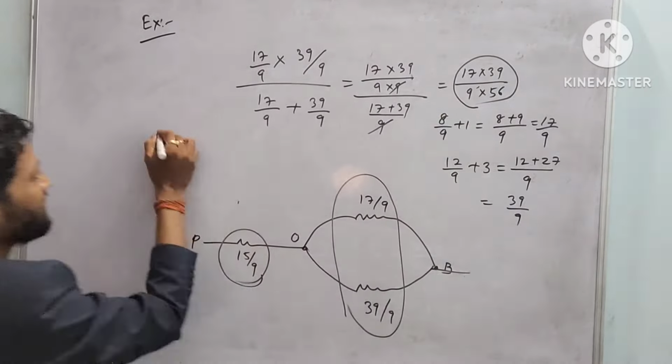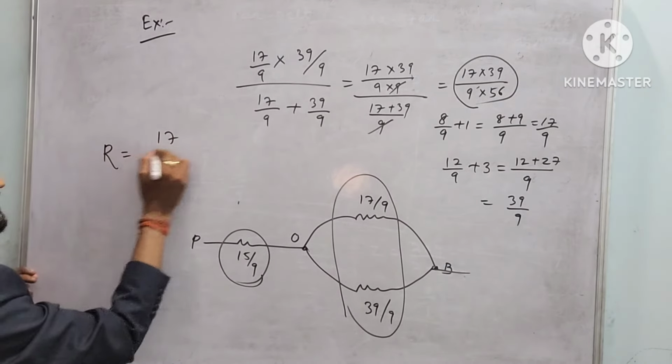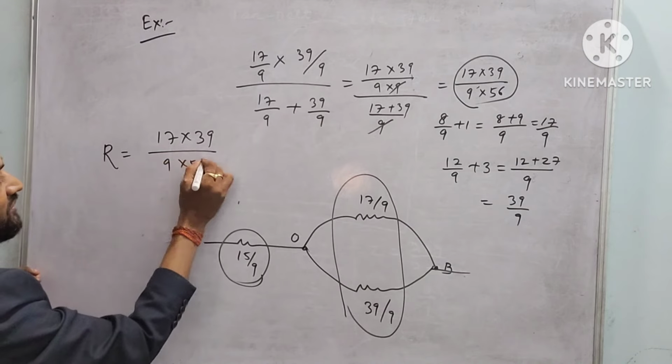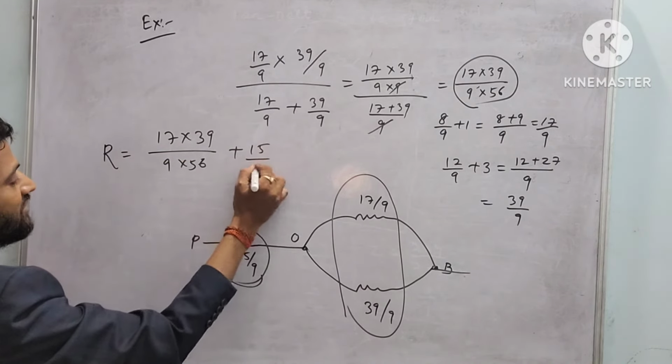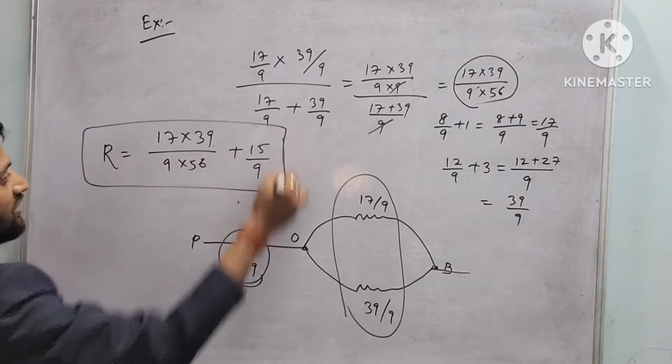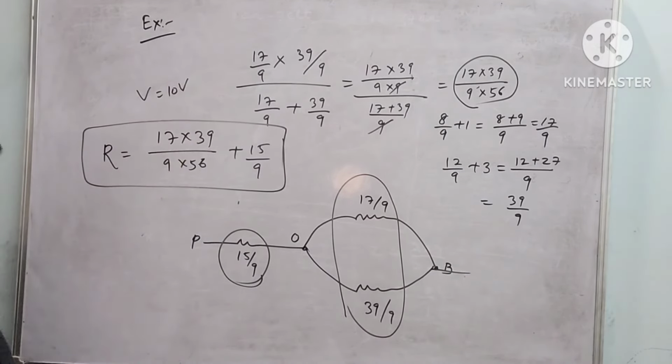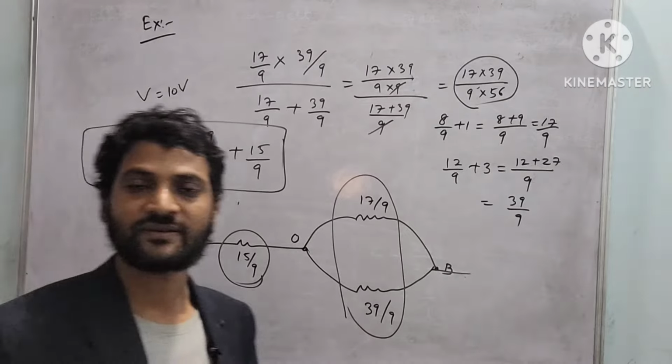So the total will be 17 into 39 by 9 into 56 plus 15 upon 9. This is the total resistance. The voltage was given as 10 volt, so current is voltage upon resistance.